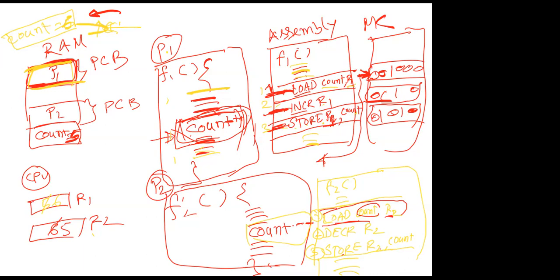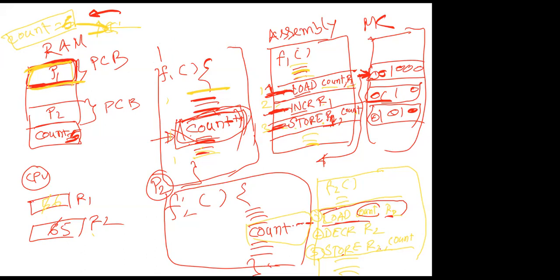Let me show you a different example. Let's say this is process P1. I am considering this process. Let me change the color.